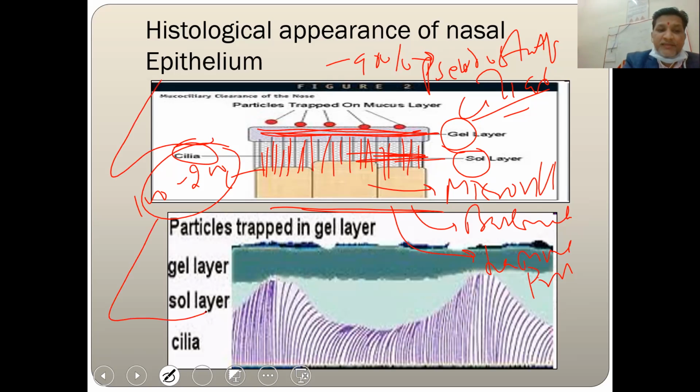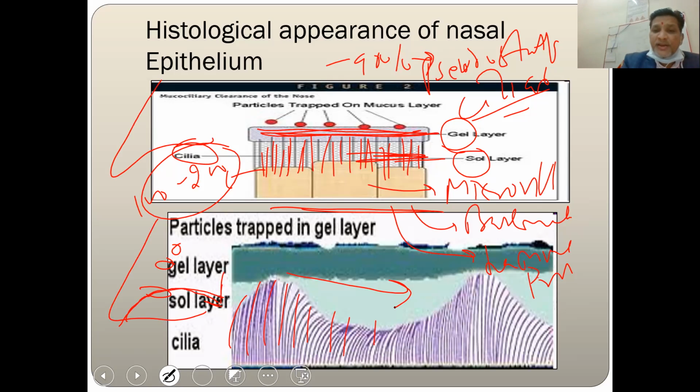So this is the nasal cavity. These are three turbinates. The transportation of the drug and entrapped foreign body particles or bacteria from anterior to posterior happens purely because of the movement of these cilia. They tend to beat in the gel layer.